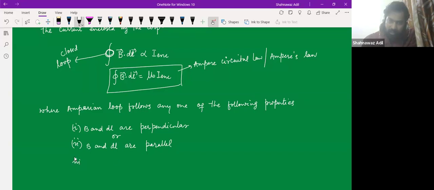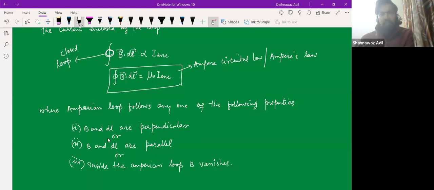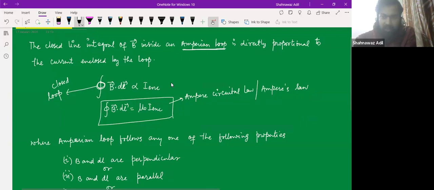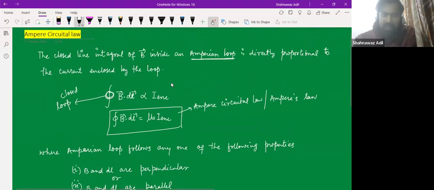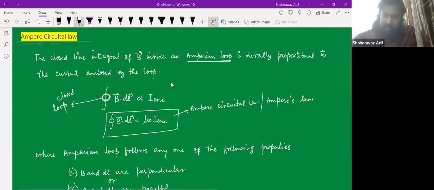Or the third one is that inside the Amperian loop B vanishes, or B is zero. So any of these three properties this Amperian loop follows, right? So this is all about this Ampere circuital law, and this is very important. Using this Ampere circuital law we calculate the magnetic field of different kinds of material.